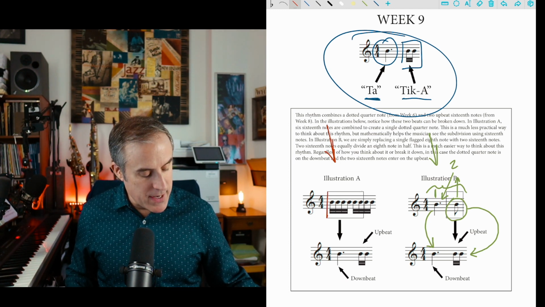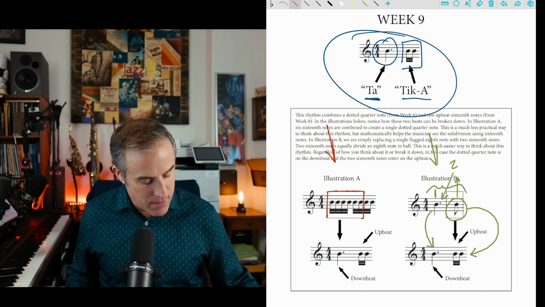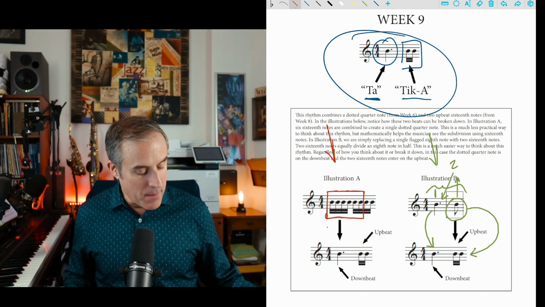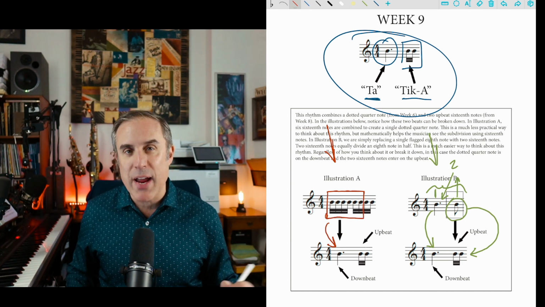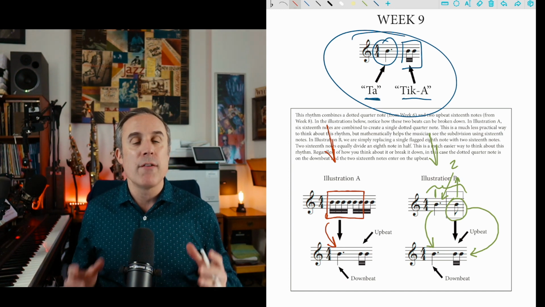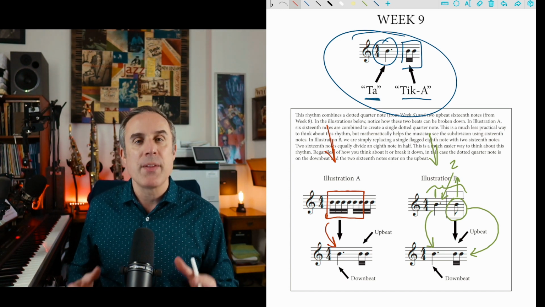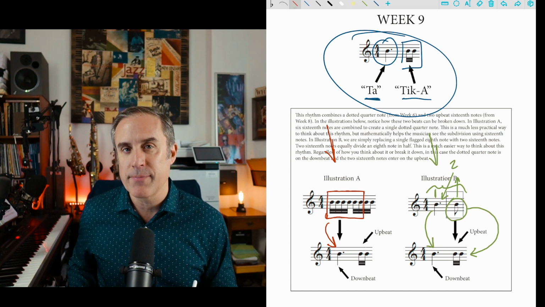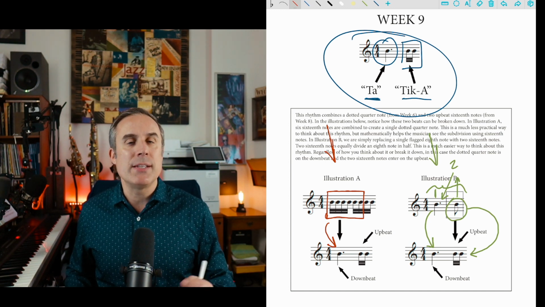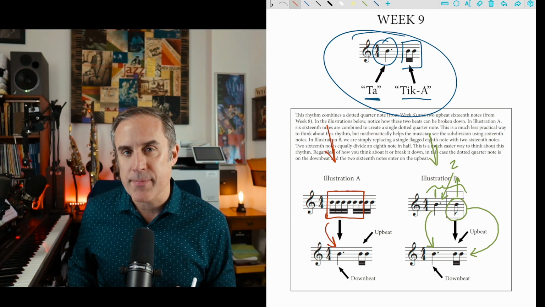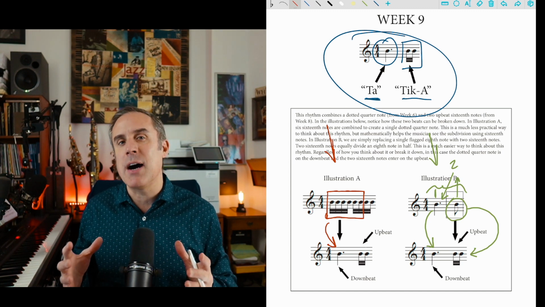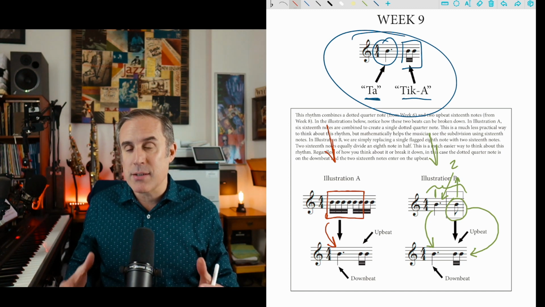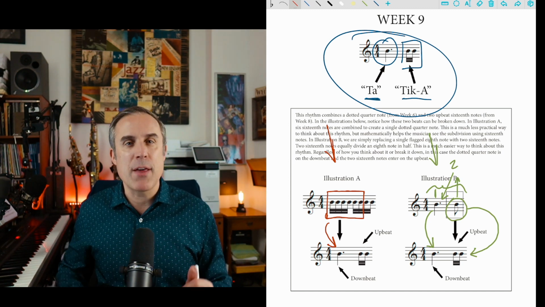So what I've done is I've taken 6 16th notes here being boxed, and I combined them together to create a dotted quarter note. So for you math folks out there, stay with me. A quarter note is equal to 4 16th notes. An eighth note is equal to 2 16th notes. Well, if we think about the math behind a dotted quarter note, isn't it just a quarter note plus an eighth note?